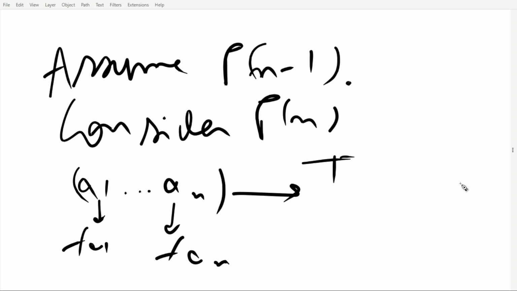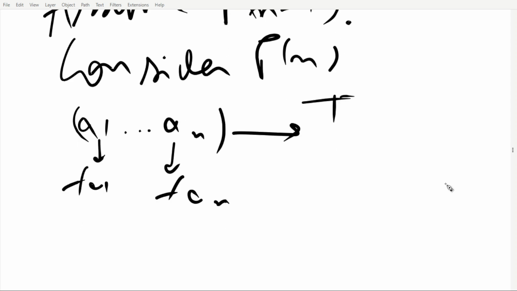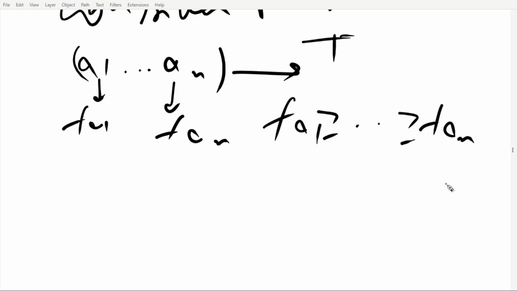So just consider the first level of iteration, with the simplifying assumption on fa1 up to fan. We get another tree, call it T prime, which reduces to an instance of size n minus 1.